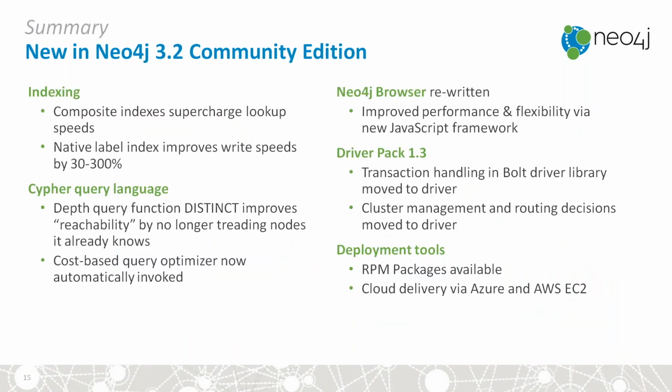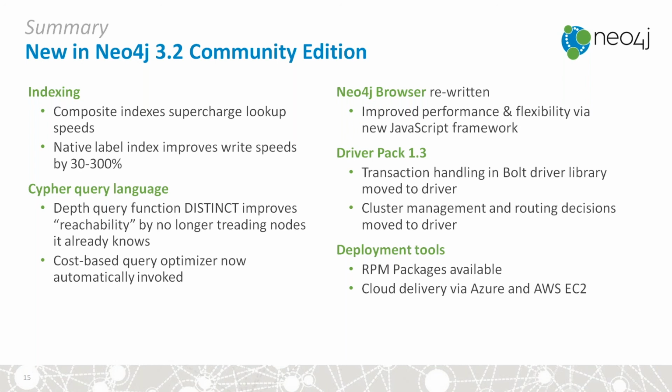So, quickly summarizing the feature set on an edition by edition basis. In 3.2 Community Edition, you get the composite indexes and the native label index functionality. You get the improvements to the Cypher query optimizer and the new Neo4j browser. The driver packs themselves have been updated to version 1.3, so transaction handling is now available inside the driver.